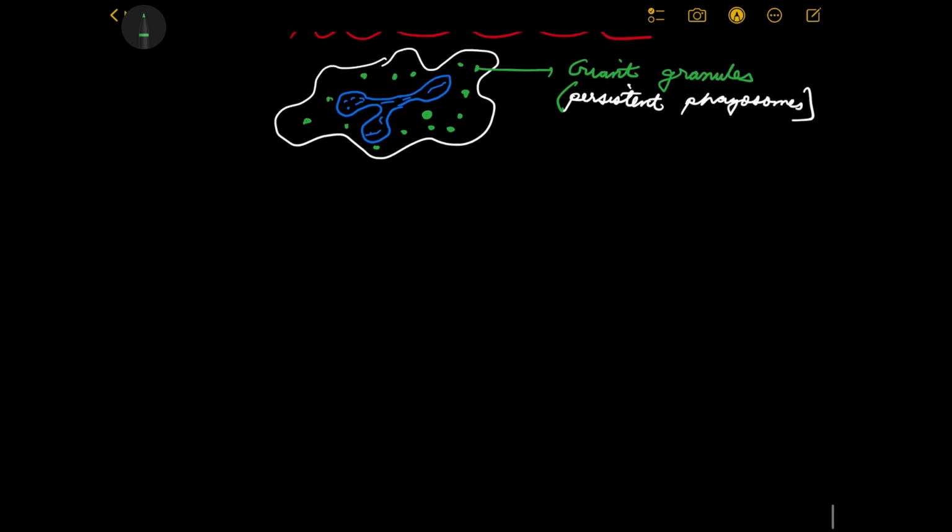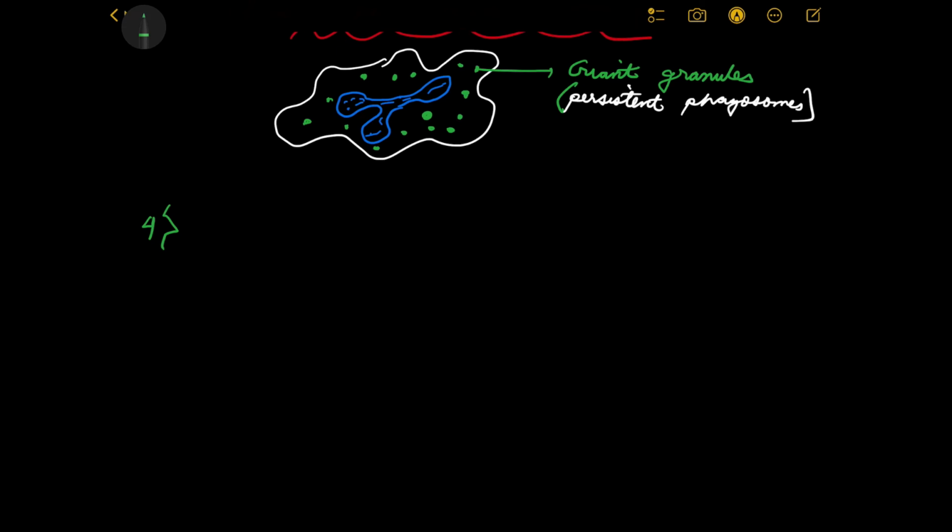The fourth problem can occur due to a defect in the NADPH oxidase enzyme, which was needed for the formation of all those reactive oxygen species molecules required for killing of the microbes.